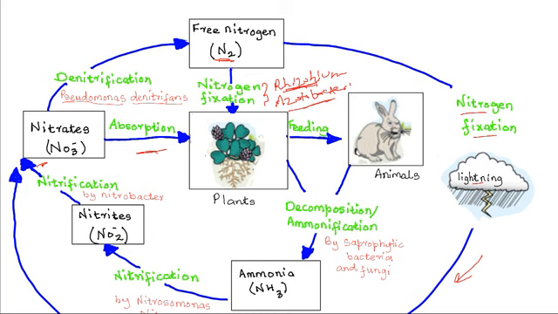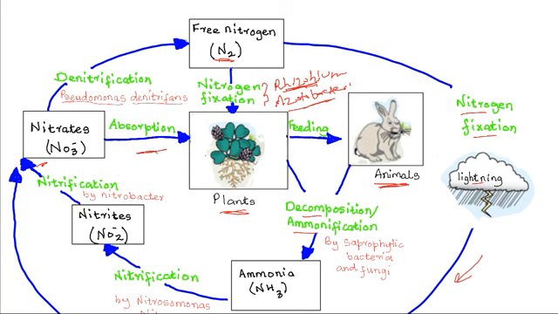So we have dead plant and animal material, or the waste products from these organisms, being broken down through decomposition to release ammonia. And the release of ammonia through decomposition is what is known as ammonification.